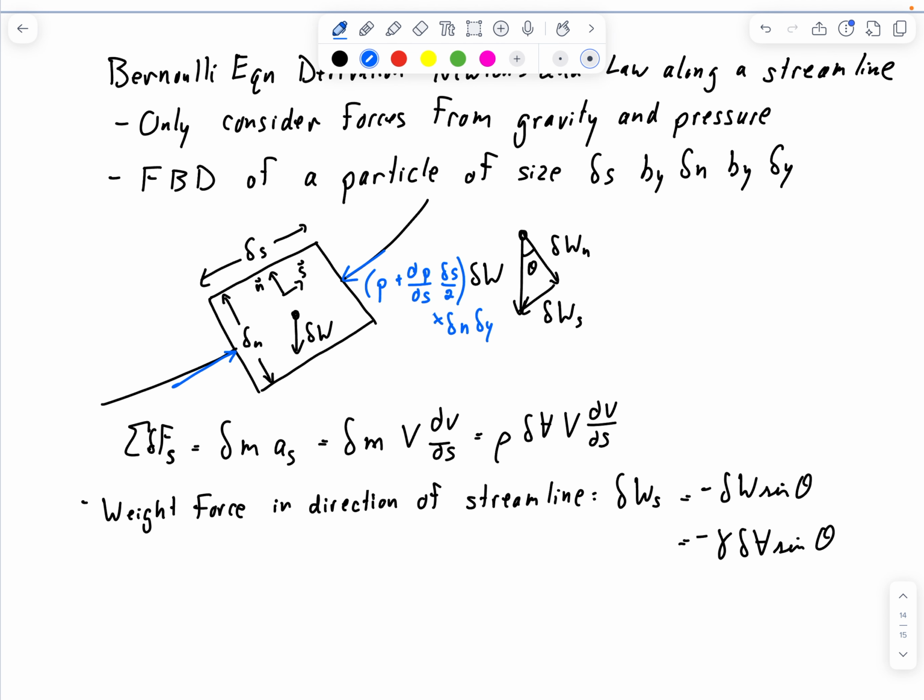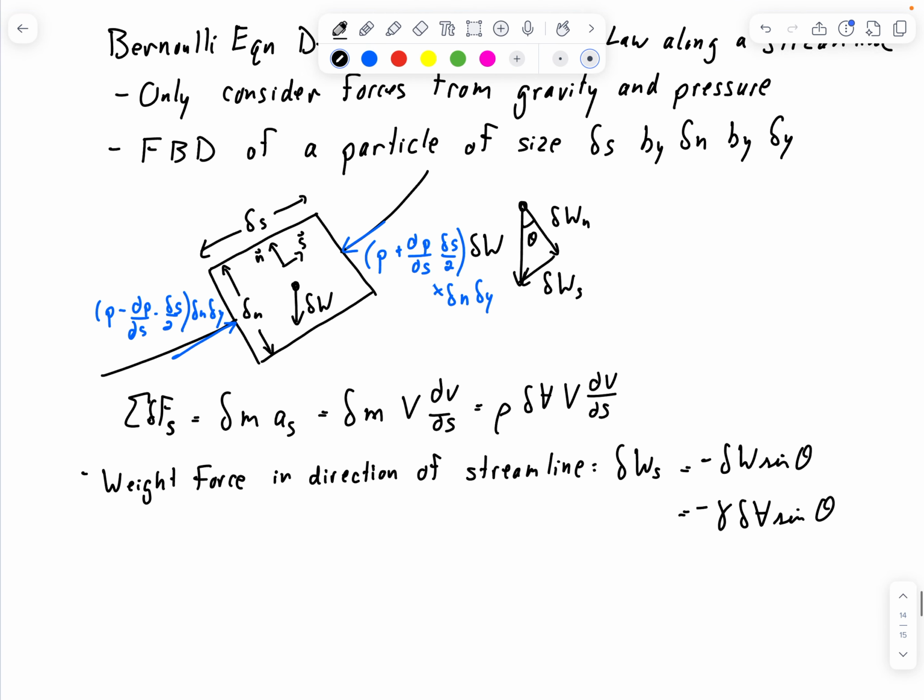And down here, we'll have similarly P minus del P by del S times delta S over 2 multiplied by the face of that side, which is delta N times delta Y. And so these are the two forces that we have to consider here.